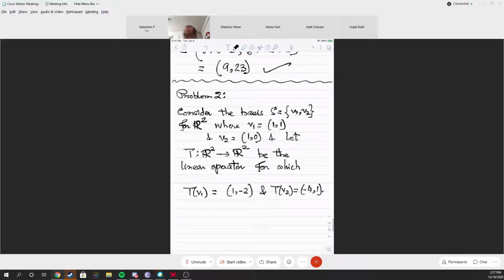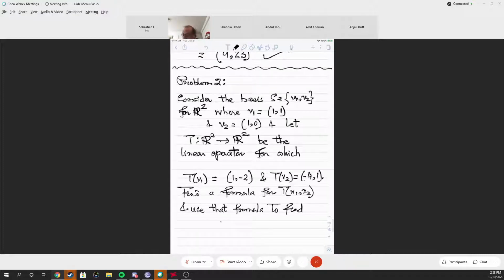Find a formula for T of x1, x2 and use that formula to find T of 5, minus 3.